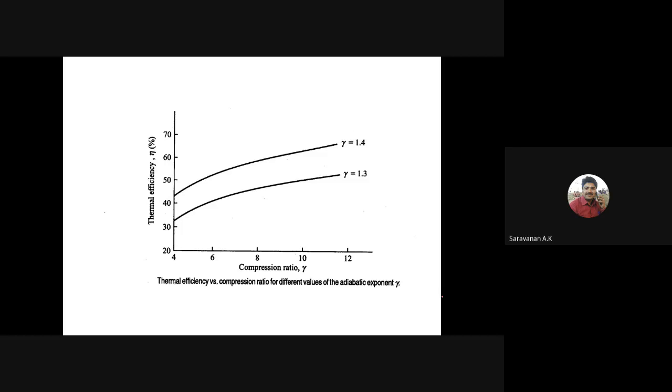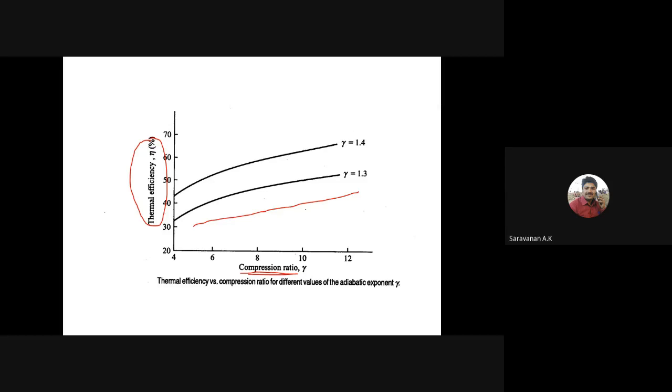One more point is important: how is the thermal efficiency improved? In this graph we mention two categories. One is the compression ratio: as the compression ratio increases, the thermal efficiency gradually increases.